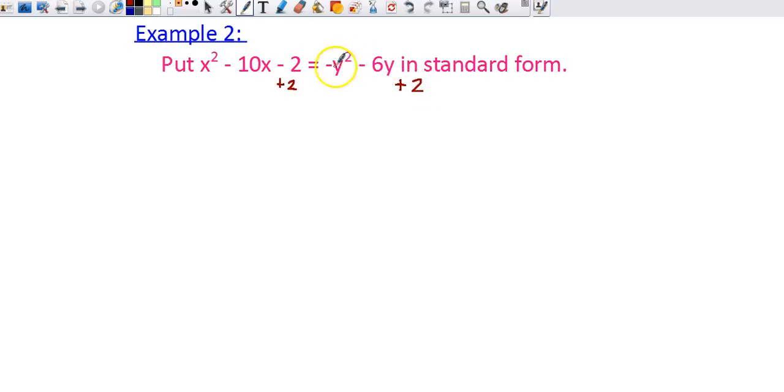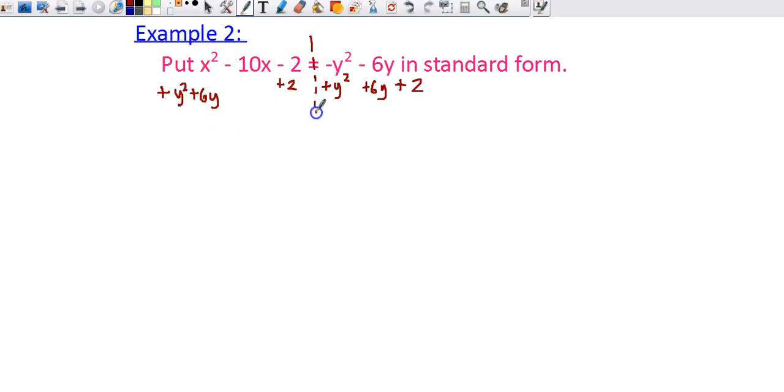And I'm going to take the negative y squared and the negative 6y and add them to the left side. There are no like terms to combine them with, so it's basically just going to be plus y squared plus 6y.